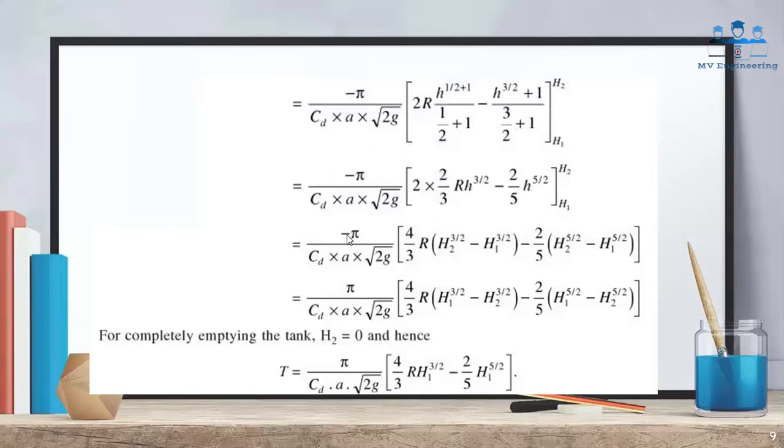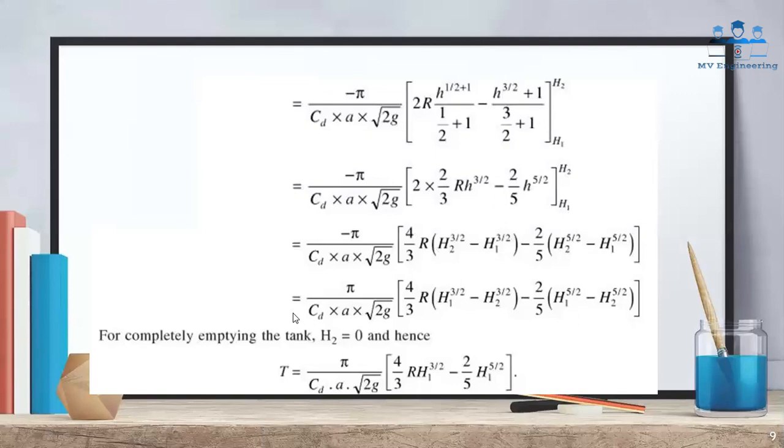Further simplification, it becomes equal to minus pi by CdA root 2g into 4 by 3 into R h2 raised to 3 by 2. We are putting the limits here. Upper limit is h2 and lower limit is h1. So h2 raised to 3 by 2 minus h1 raised to 3 by 2 for the first term, and the second term it becomes 2 by 5 h2 raised to 5 by 2 minus h1 raised to 5 by 2.